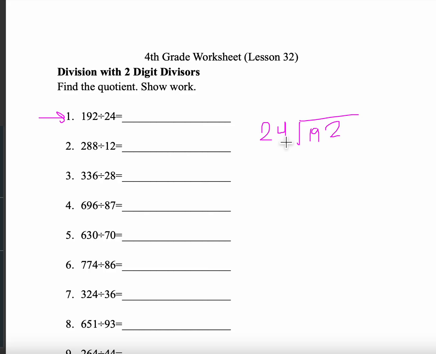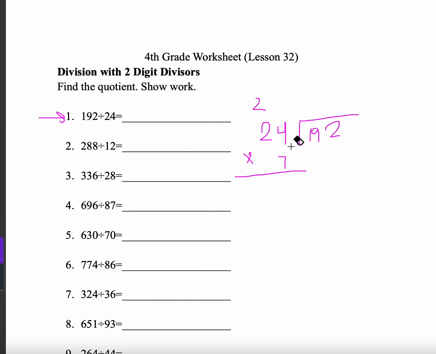5. So let's try 24 times 7. We get 28, 14 plus 2, 168. That's not quite close enough to 192.